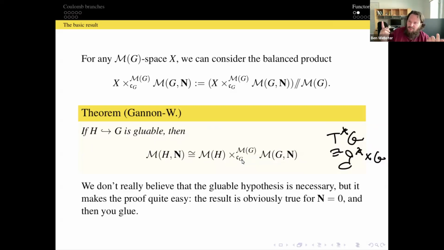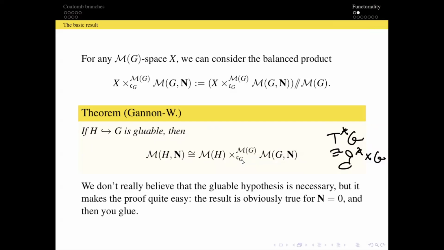Right, but there's a dual here, right? There's a T check. Yeah, but nonetheless, we don't know anything about how big the torus of H is, right?